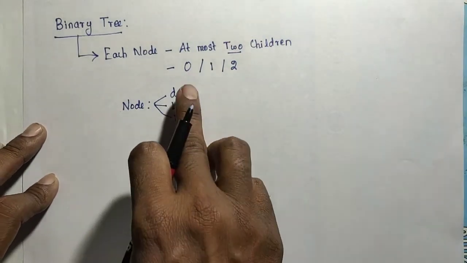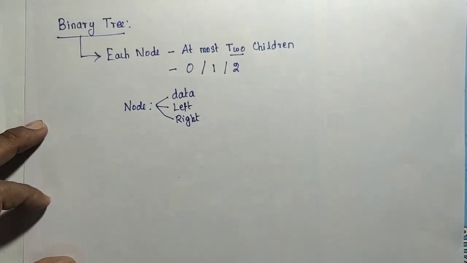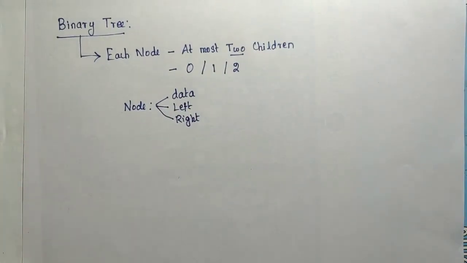Instead of storing the first child and siblings, because in the general tree we don't know how many children are there, but we know that in a binary tree it is at most 2. Either one child may be on the left side, or one child on the right side, so that we can fix the type of the node. It contains the data, the address of the left child and the address of the right child. If there is no left child, it will be a null. If there is no right child, it will be a null, like that.